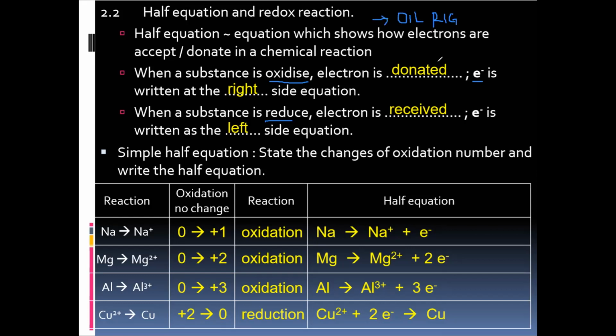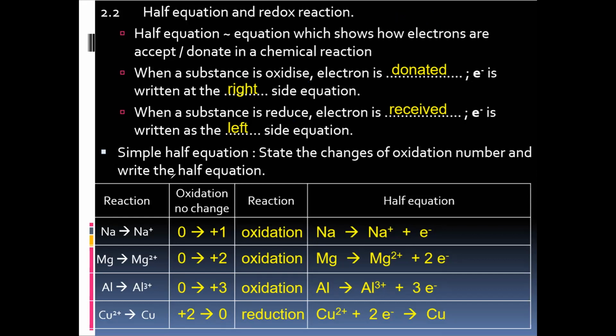Oxidation is loss of electron, reduction is gain of electron. So whenever a substance is oxidized, electron is donated, that means lost. Electron is being given out. And whenever a substance is reduced, it means that electron is being received, that means electron is being gained.